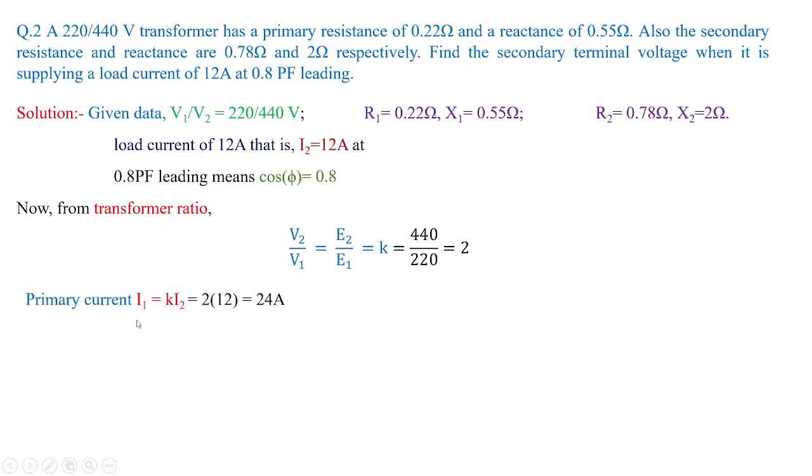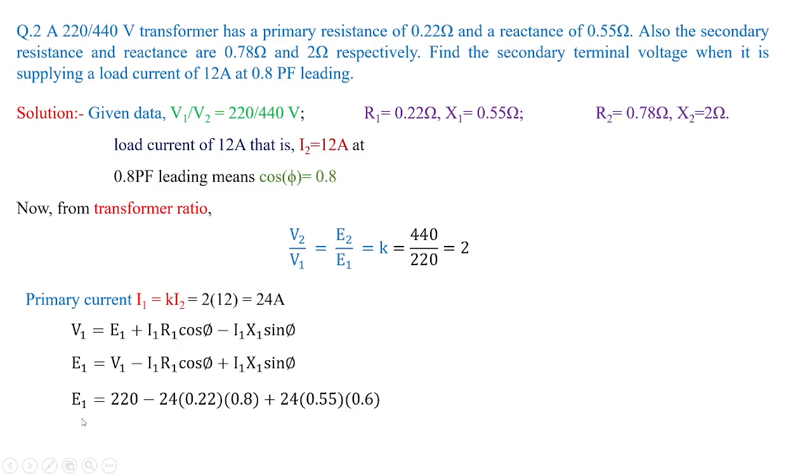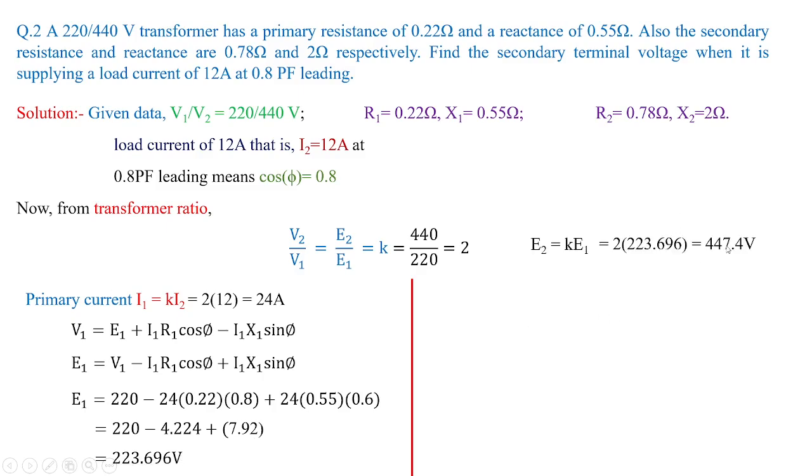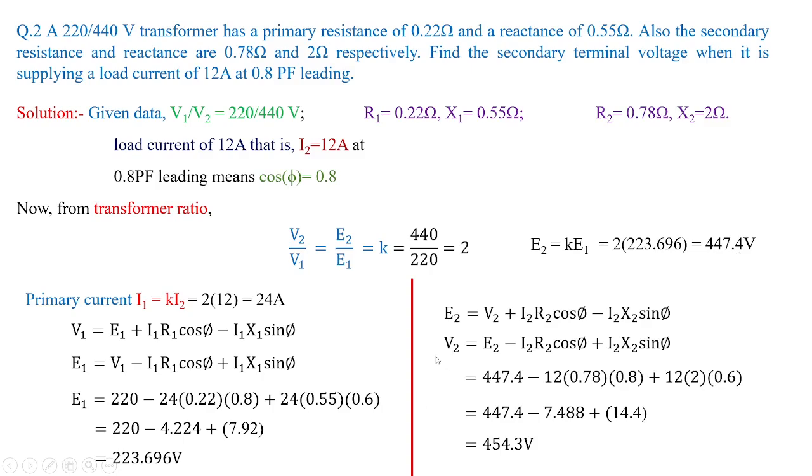Now we calculate the primary current, which is 24 amperes. With that, we estimate the value of E1, which is 223.696 volts. Now once E1 is obtained, we can get the value of E2, which is 447.4 volts. Once E2 is obtained, we can easily get the value of V2, which is 454.3 volts.